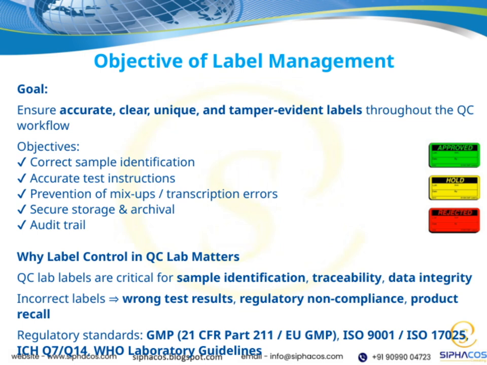That's why regulatory standards like GMP, ISO 9001, ISO 17025, ICH guidelines, and WHO laboratory guidelines emphasize strict label control. In essence, proper labeling isn't just about organization. It's about safeguarding quality, compliance, and ultimately, patient safety.